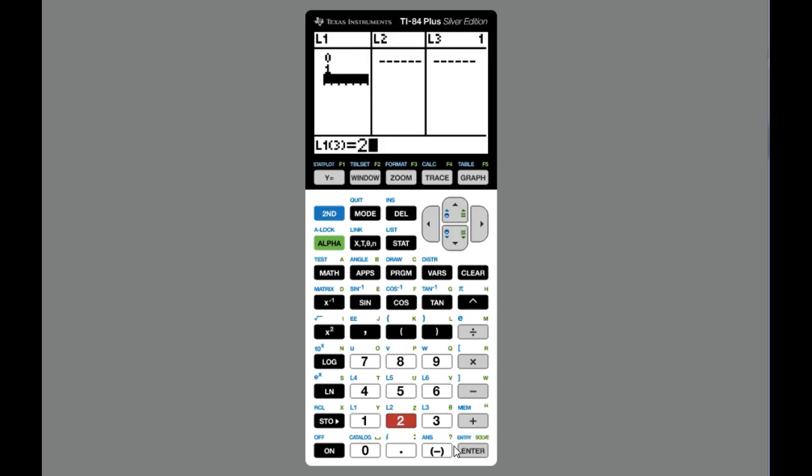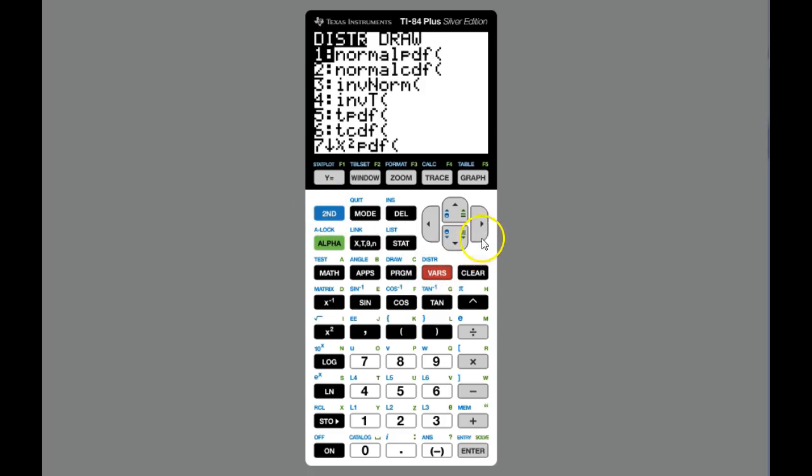I'm going to enter 0, 1, 2, 3, 4, 5, 6, 7, 8. It is important for us to put our cursor up to the top, press enter. Then it's going to make my cursor go right here. So we're going to go to second distribution, and we're going to go all the way down to binomPDF.